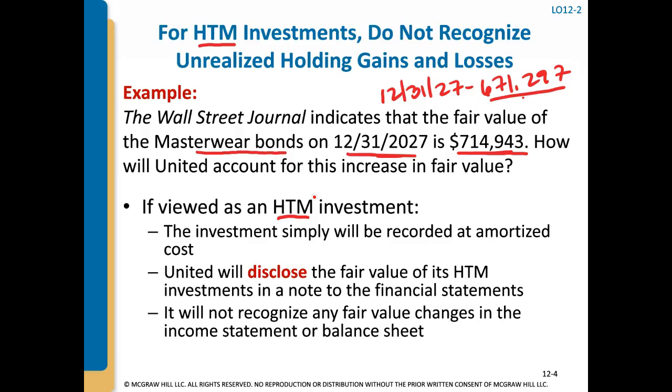However, we do need to disclose that fair value in the notes to the financials. So we would disclose that $714,000, just so the users of the financial statements know that the value has gone up, but it doesn't need to be on the actual income statement itself. And so we are not going to recognize any fair value changes on the income statement or the balance sheet for the held to maturity investment.